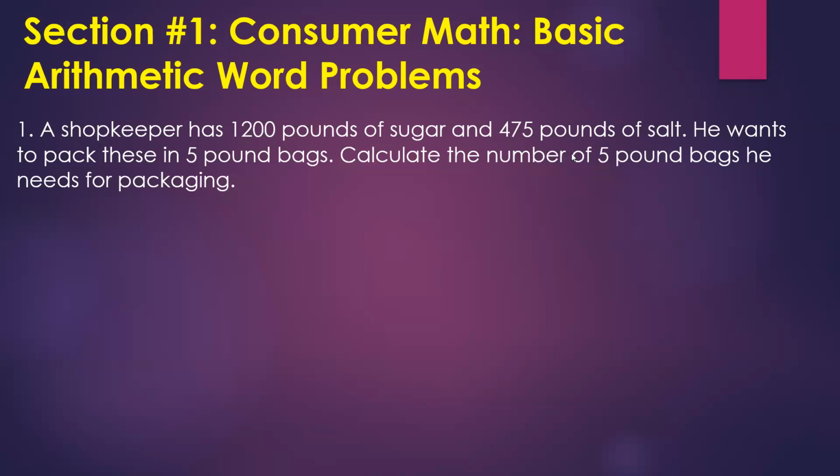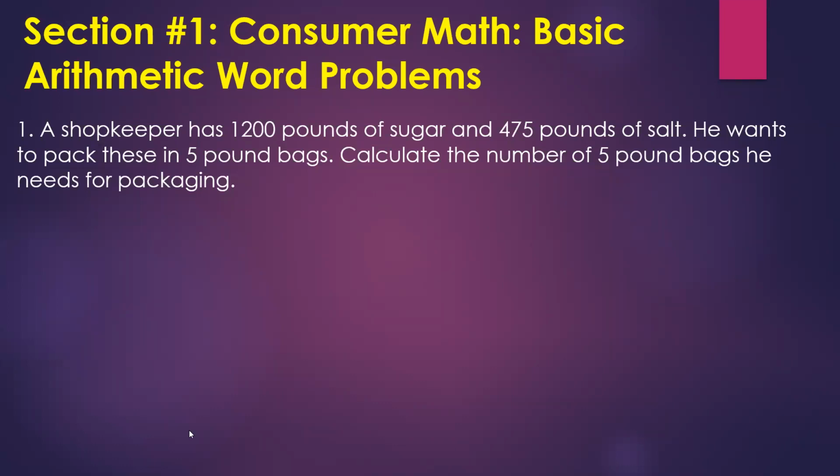Very good. All right, anyone have any idea on how you're going to do this? How are you going to find the number of 5-pound bags that he needs for packaging? Division. Okay, division. What are we going to divide? Five.